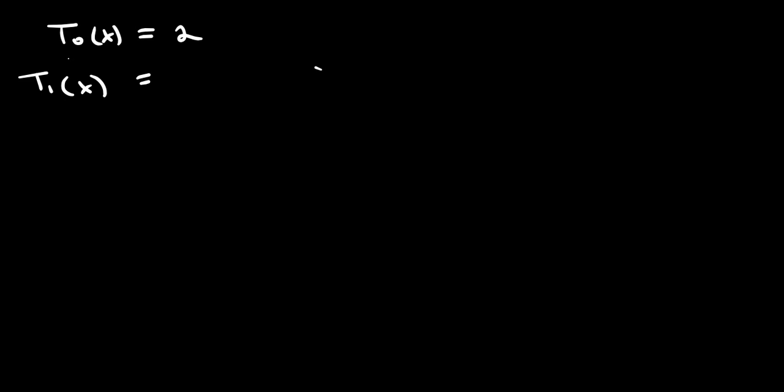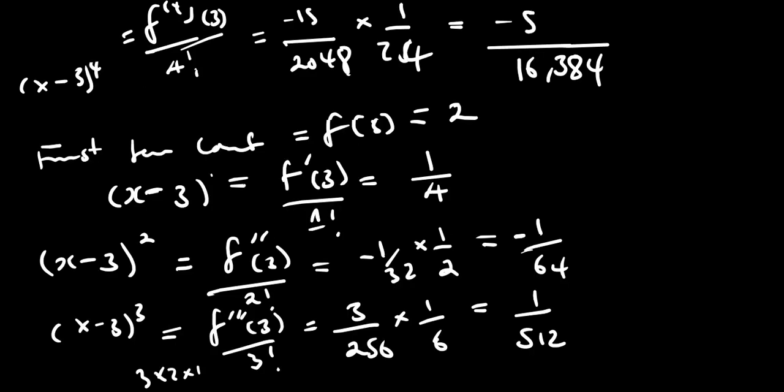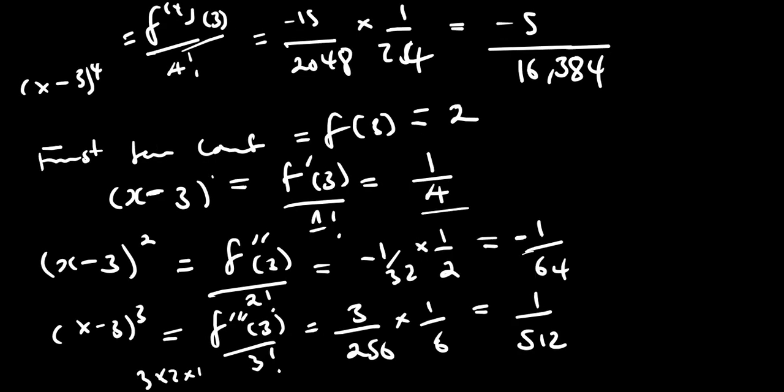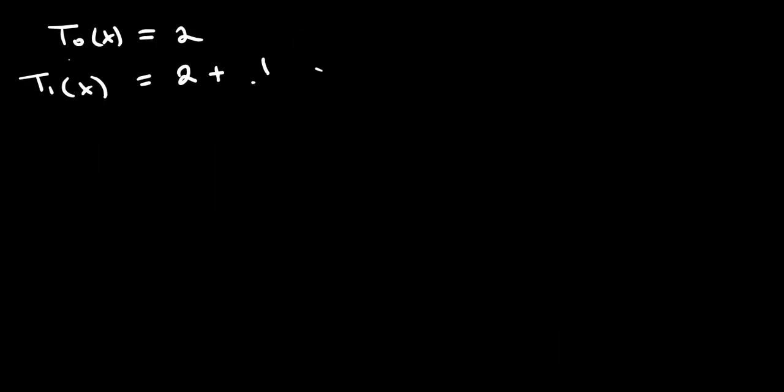So you have the one at 0, which will be 2. Then the one involving 1, and of course we found the coefficient. So the coefficient which we found was 1 over 4. Then there we are saying it's x minus our point a, which is 3. Of course the power is 1.